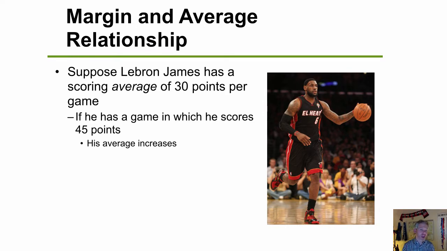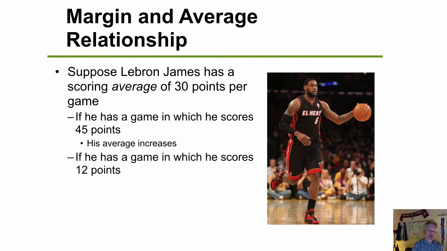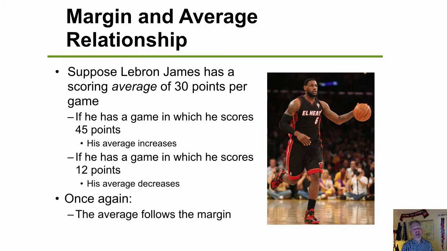So he plays one more game, his marginal points for that game are 45, and that brings his long-run average of points up. If he has a game in which he scores 12 points, the marginal points is 12, and that brings his average down. It decreases his average. So the average is always following the margin in these graphs. I think both these examples are good ways to remember it for the cost curve graphs.